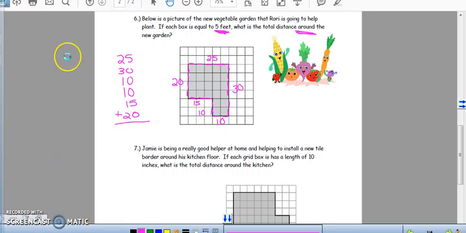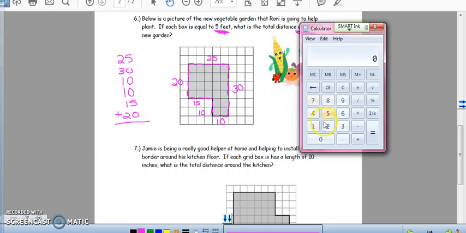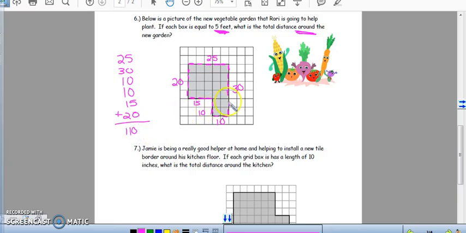So I add all those up. That gives me 110. So my answer is 110 feet. And since it's perimeter, it's not squared.